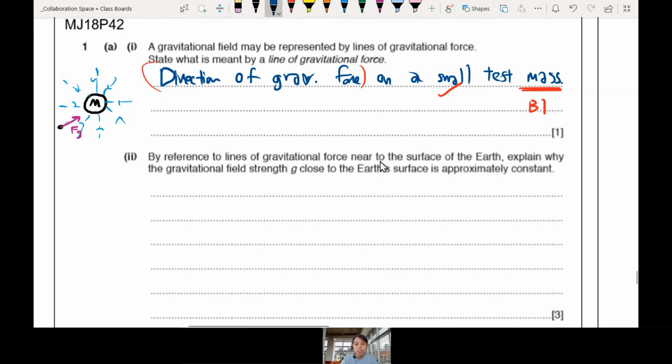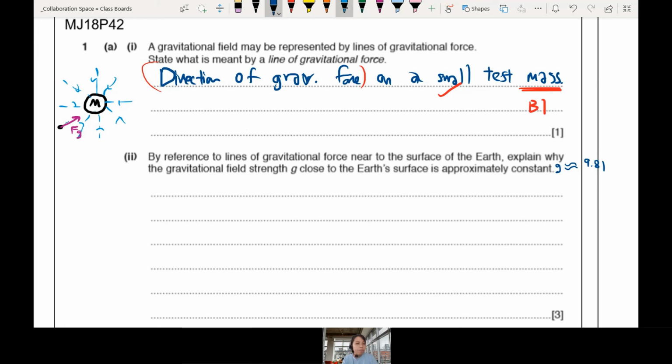By reference to lines of gravitational force near the surface, explain why gravitational field strength near the Earth's surface is approximately constant. Usually we say roughly about 9.81. Why near the surface only constant?